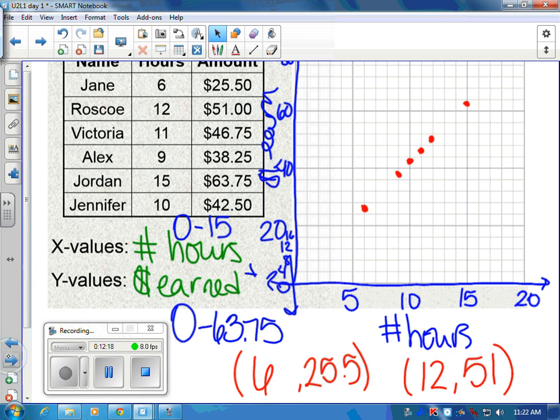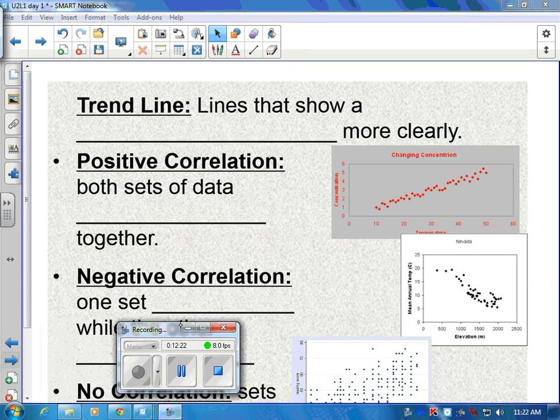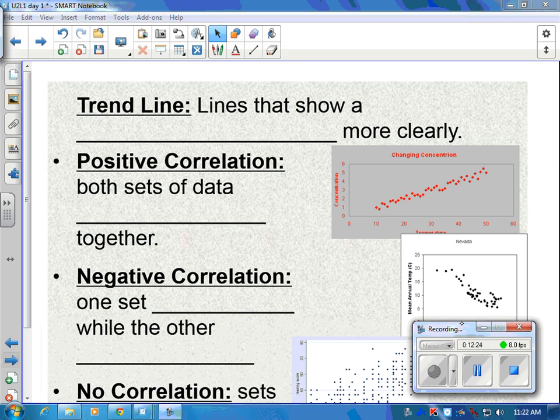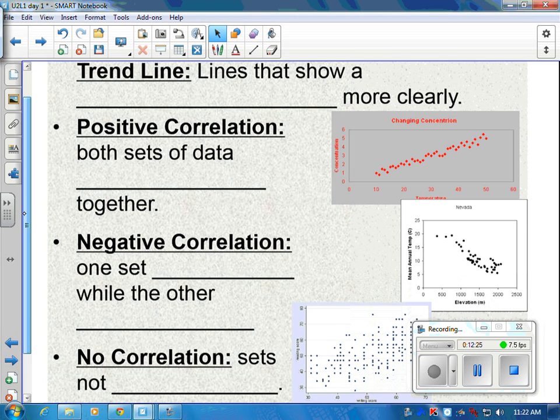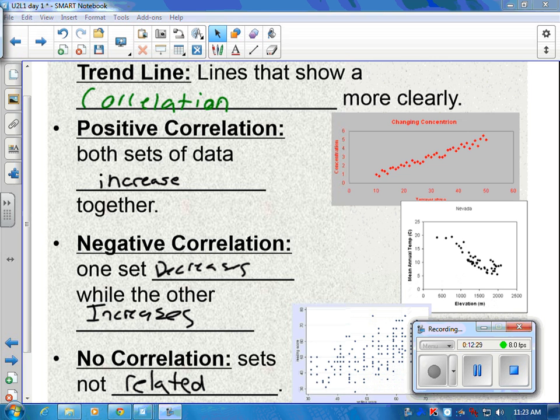So now that we've graphed it, let's talk about how we can compare these graphs, how we can compare this data. When we talk about correlation, we are talking about how our sets of data are related. And a trend line is going to help us see that relation between these sets of data. So, positive correlation, they both increase.